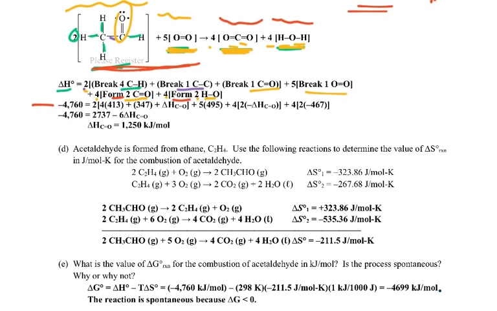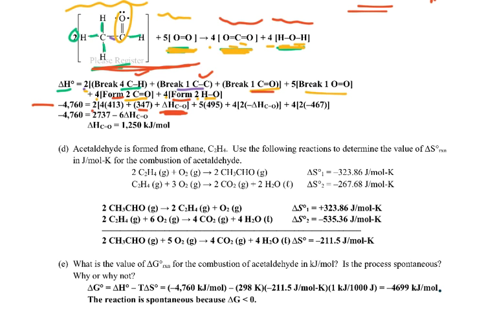Now we're going to say, 2 times 4 times the CH bond, so CH is 413. This 347 is the CC bond. And then we're breaking a C double bond O bond, and that's the one we're looking for. So we're calling that delta H, that represents the bond energy of the C double bond O. And all this stuff is happening twice.